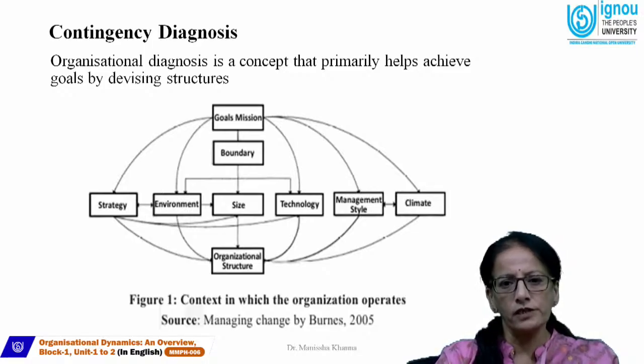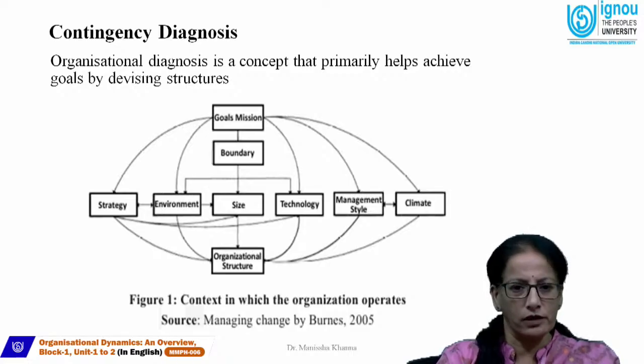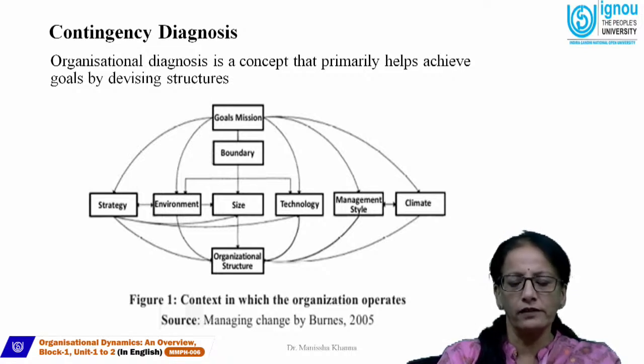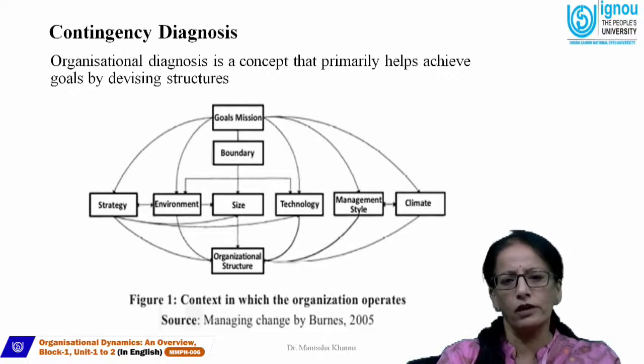The boundaries mainly refer to and directly impact the environment, which is the internal or external environment of an organization, the size of an organization, and the technology of an organization, where the goals and missions are directly related with the environment, management style, strategy, and the organization climate. And further, all these lead to what actually makes the organization structure.